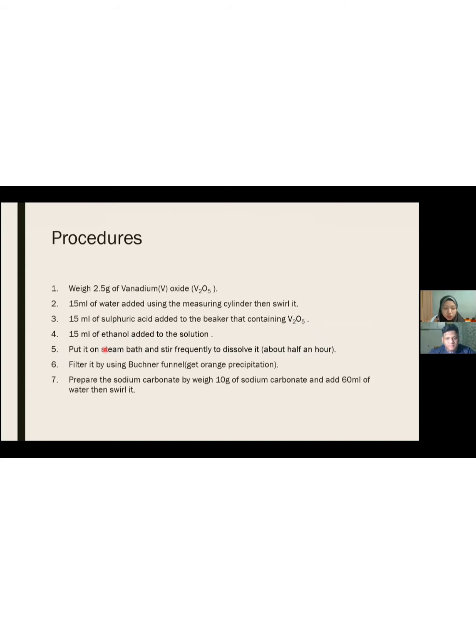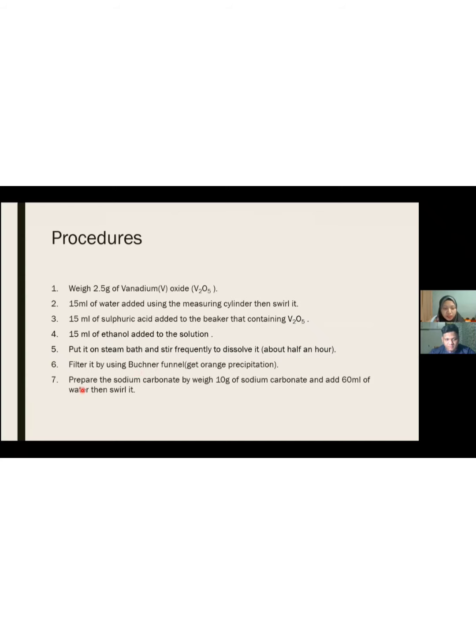Then we put it on a steam bath and stir it frequently. It takes about half an hour. Then we filter it using a Buchner funnel. We observe that we get an orange precipitate in the video.